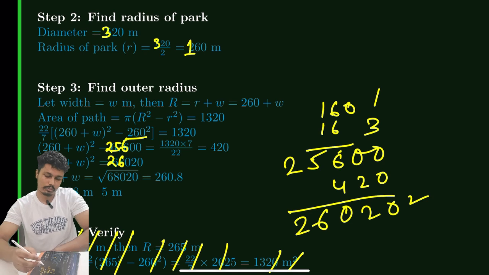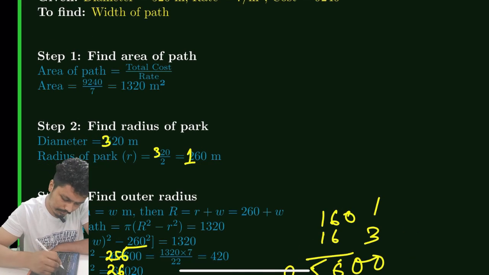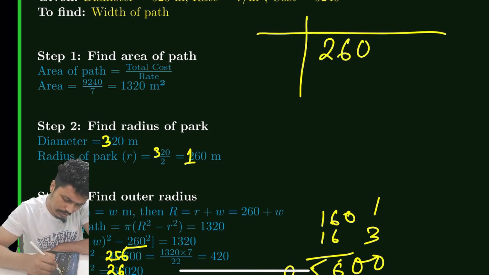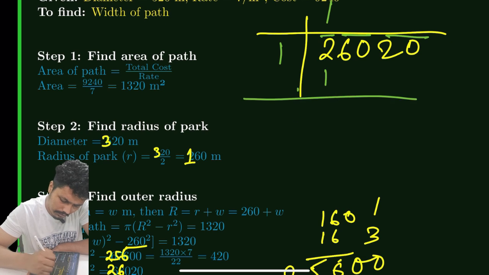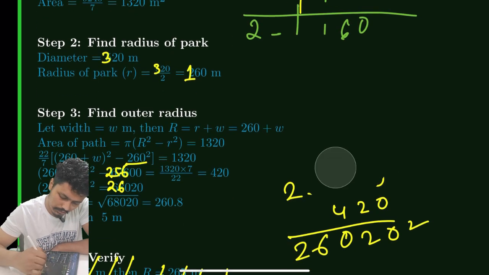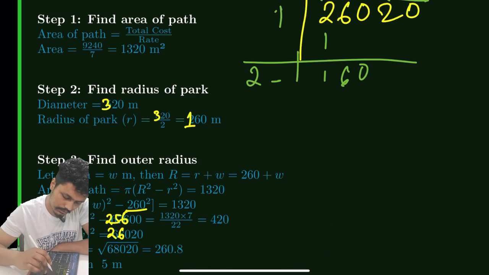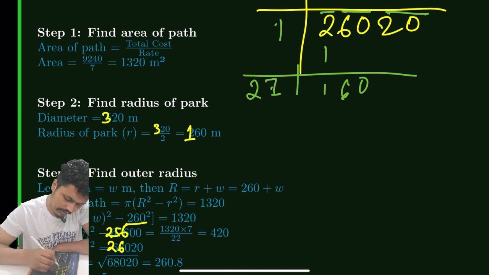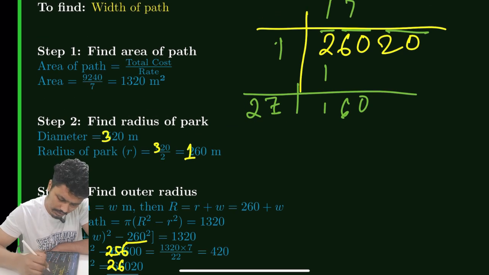And if I need to find the square root of 26020, take 2 common, 1 1 1 1, 1 will be here, 60, 1 plus 1 2, and 7 7 49, 7 to the 14.